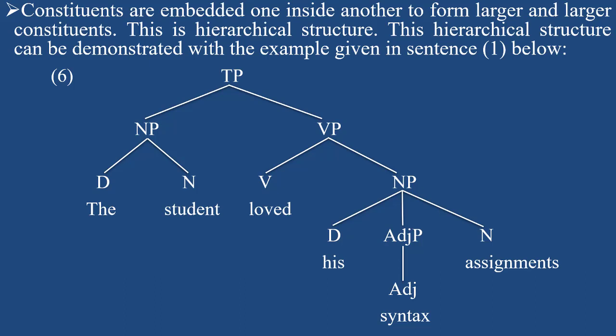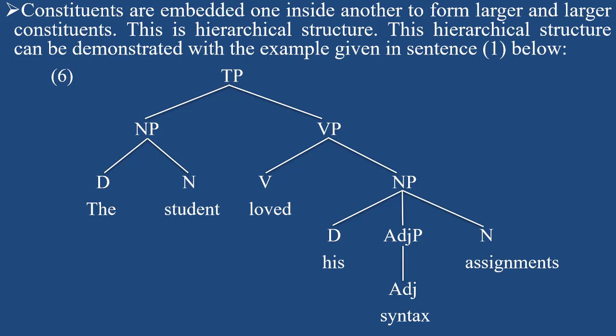So we have the student loved his syntax assignments. All of these are TP. So we have TP, which is tense phrase, okay, the sentence. On the left, we have NP, noun phrase. We have a determiner and a noun. And then we have a VP.